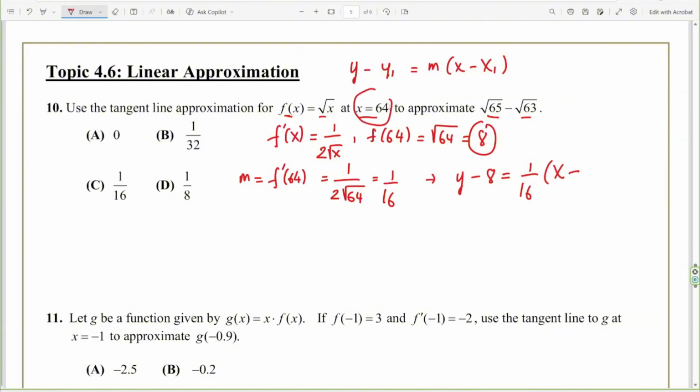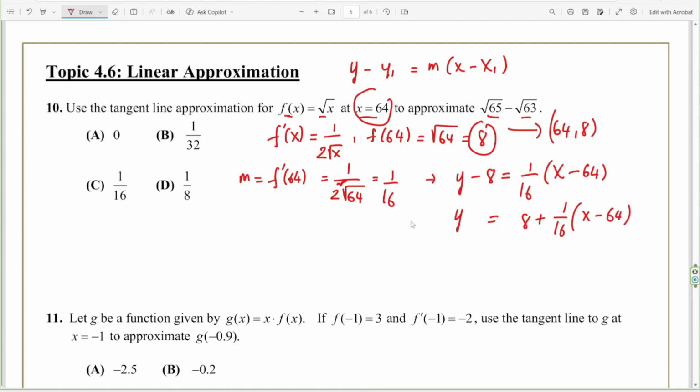S1 is given right here, right? 64. Remember, the order of the pair should be 64, 8. So keep that in mind. So I need to rewrite this one in the slope-intercept form, right? And I have y equals 8 plus 1 over 16 times s minus 64, right?